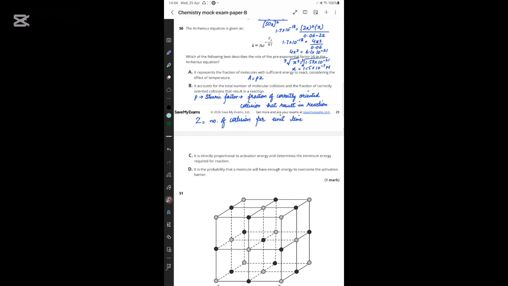So the right answer is going to be B. It accounts for the total number of molecular collisions and the fraction of correctly oriented collisions that result in a reaction. So the right answer is B.